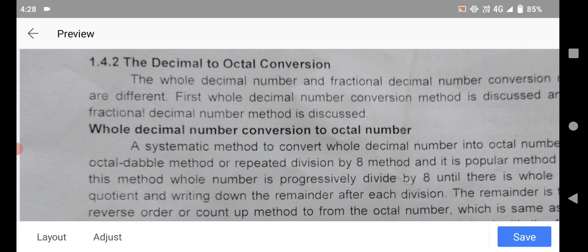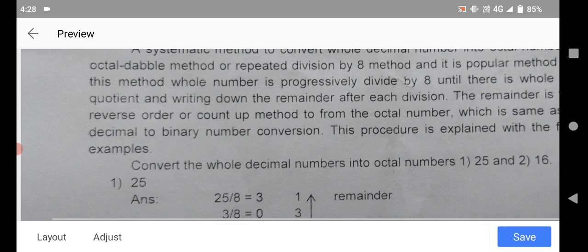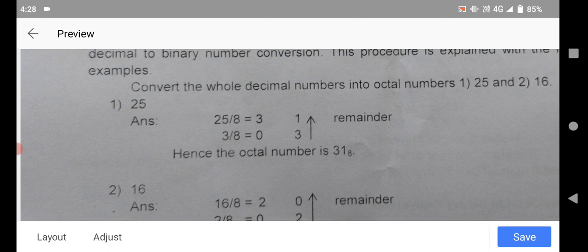The given number is a decimal number and we convert it to an octal number. The octal number's radix or base is 8. So the whole decimal number is converted to octal by dividing by 8, and we note down the remainders, which are finally written in the down to up direction.